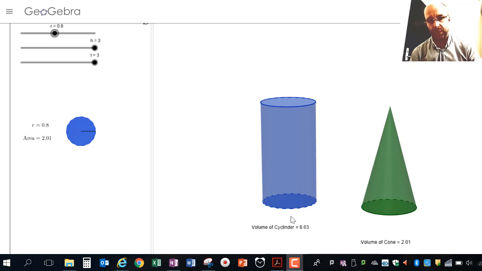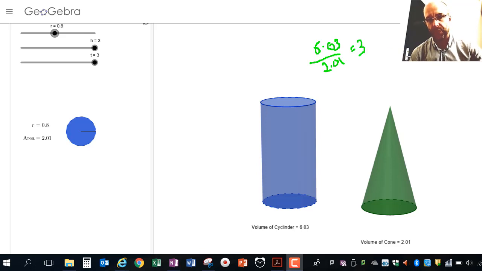basically you can see that the volume of the cylinder is just over 6.03, and the volume of the cone is 2.01, and if you divide one into the other, we notice that we get 6.03 divided by 2.01, which is 3.